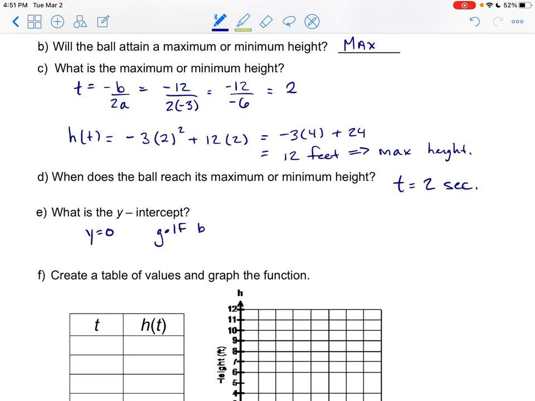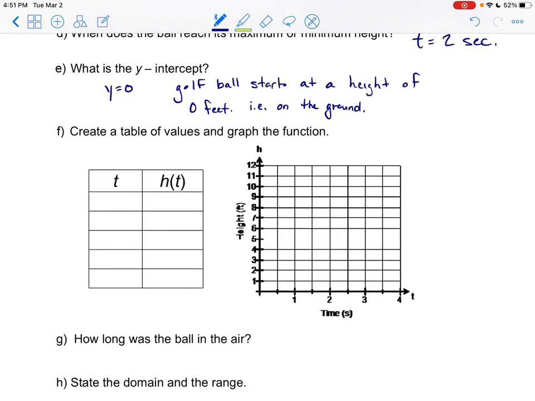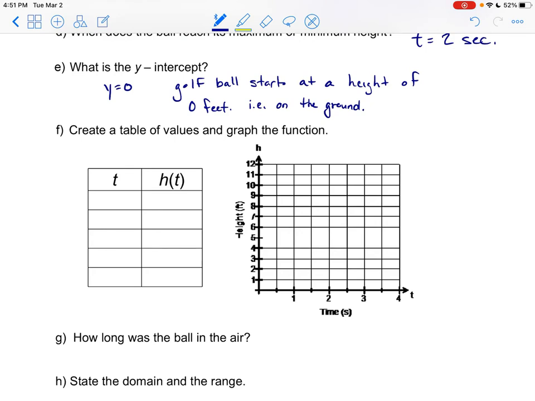So the golf ball starts at a height of 0 feet, i.e. on the ground, for this problem. And in other problems we could change this. So let's create a table of values now.